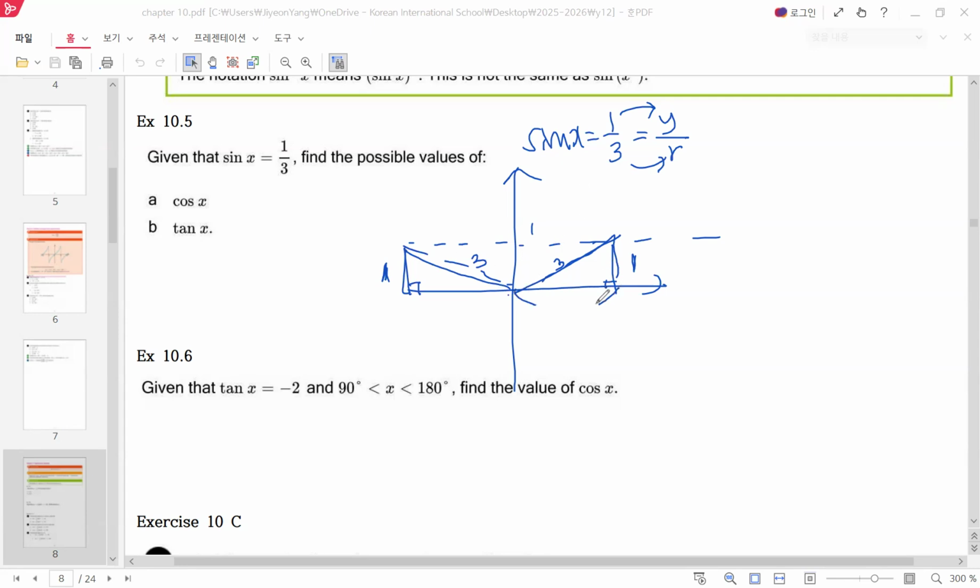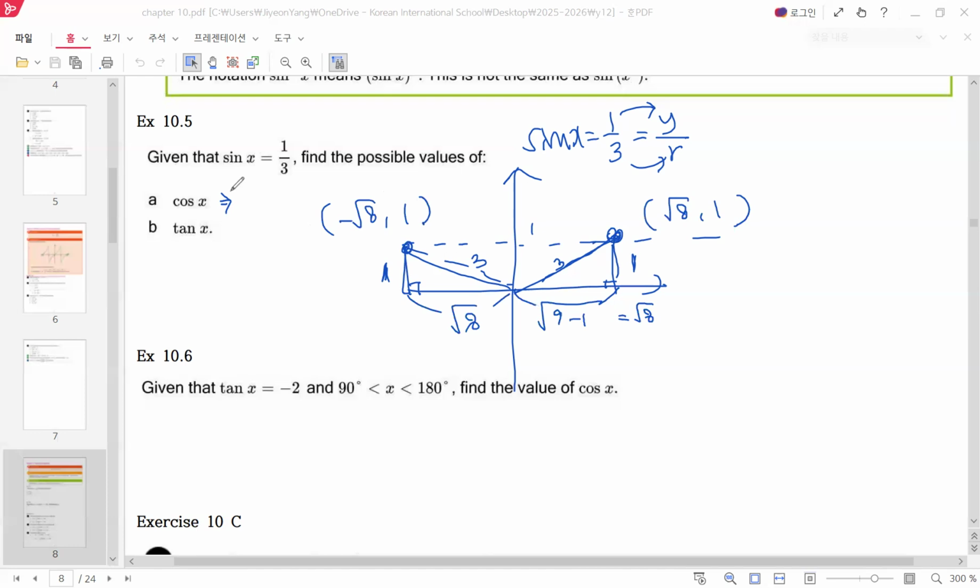And then by using the Pythagorean theorem, students, actually you can find the exact value of x, right? Yes, square root of 9 minus 1, which is square root 8. So let's define the possible values of cosine x. The coordinate is going to be square root 8, 1. This coordinate can be negative square root 8, 1.